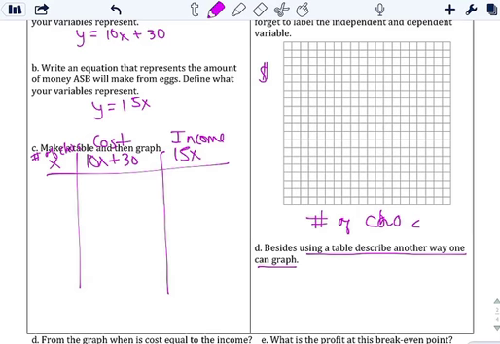I did that. Right. Okay, what does she mean by that? Hey, stop with your table. Please pay attention. She said besides the table, we can use rise over run. What does that mean? Slope. Intercept. What's the intercept?